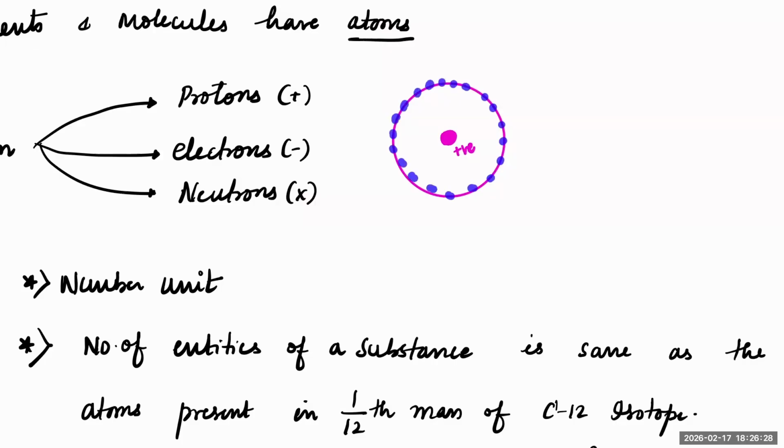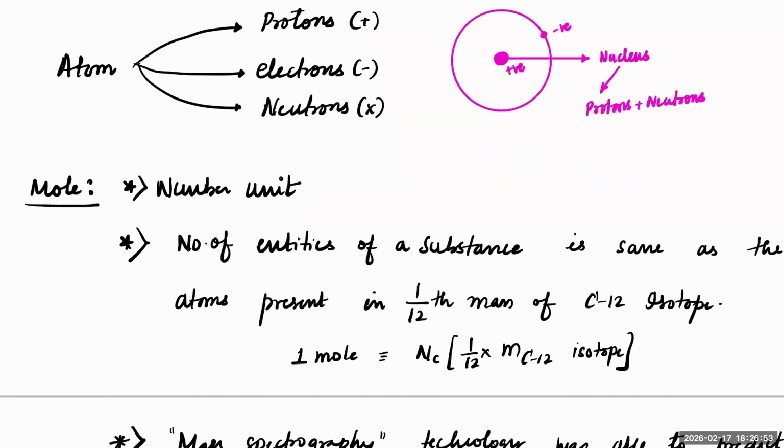Correct. Around this we have a hollow space, so electrons could be found here. Okay. And the center where positive charge lies is called the nucleus, and the nucleus contains both protons and neutrons. Clear? This is the basic idea. I'm sure you have it.